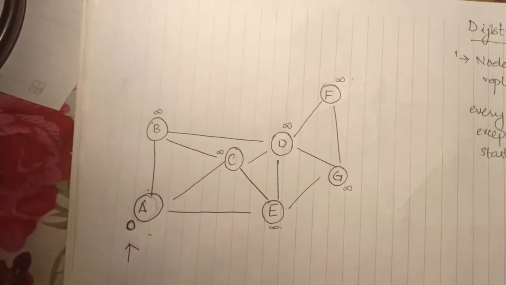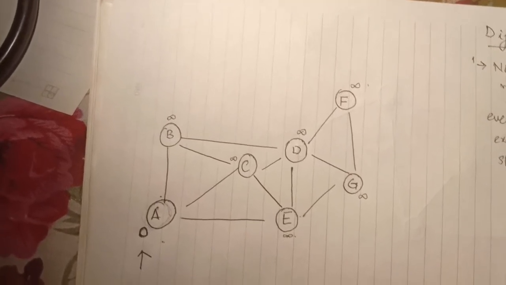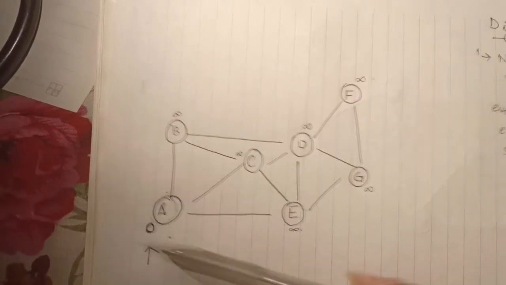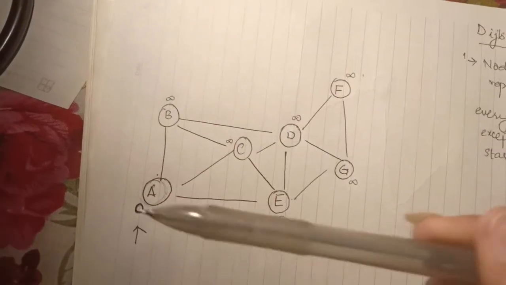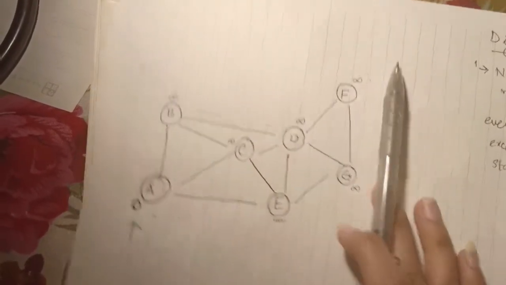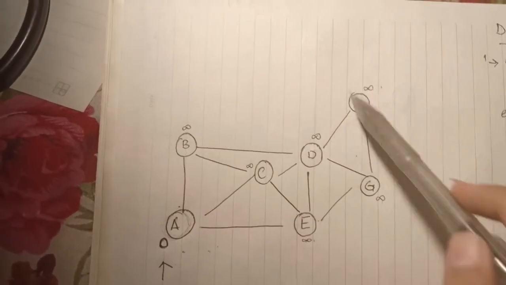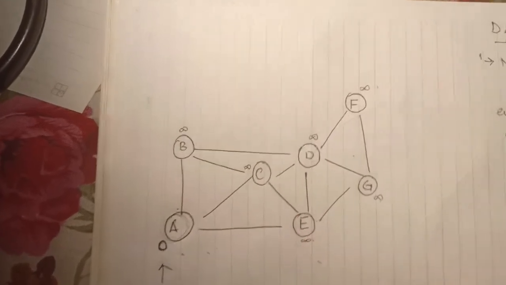If you are in London and you want to go to any specific destination, then you are at your own position. You will not even move to any place. So your starting distance is always 0, and this is the rule for this algorithm, that the remaining points have infinity values.